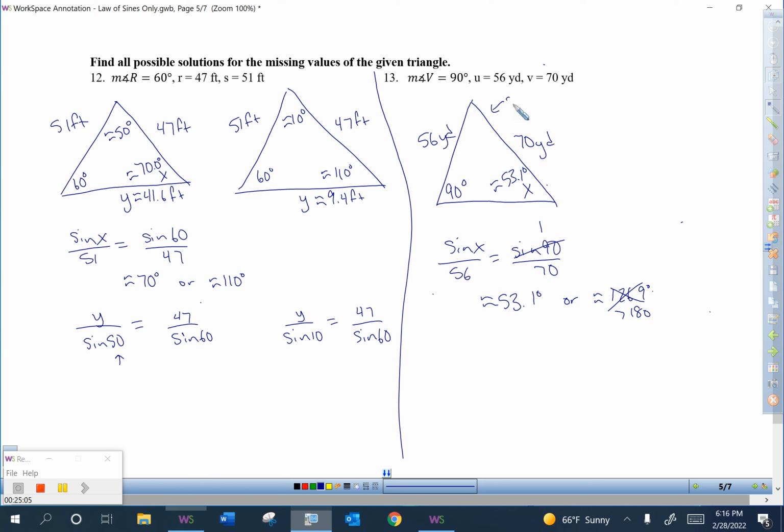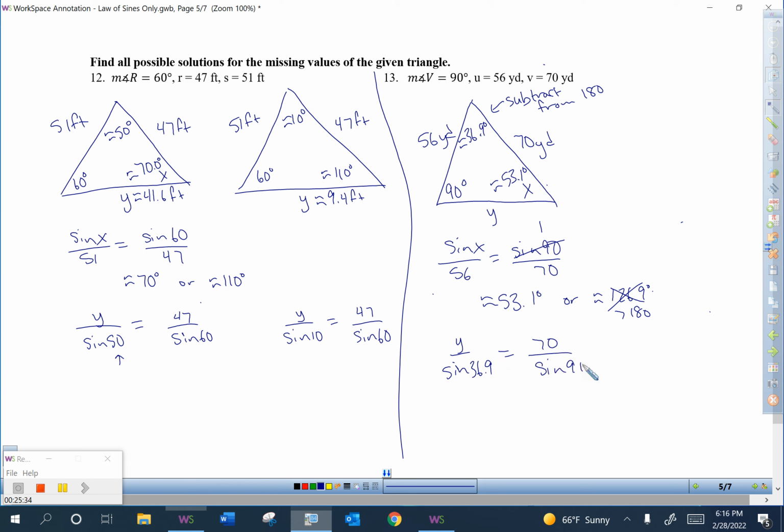Remember this, you're just subtracting to find every time. Okay, so 90 plus 53.1, take 180 minus that, and you get 36.9 degrees, approximately. And we're using that number to solve for y. So y over sine 36.9 equals 70 over sine 90.